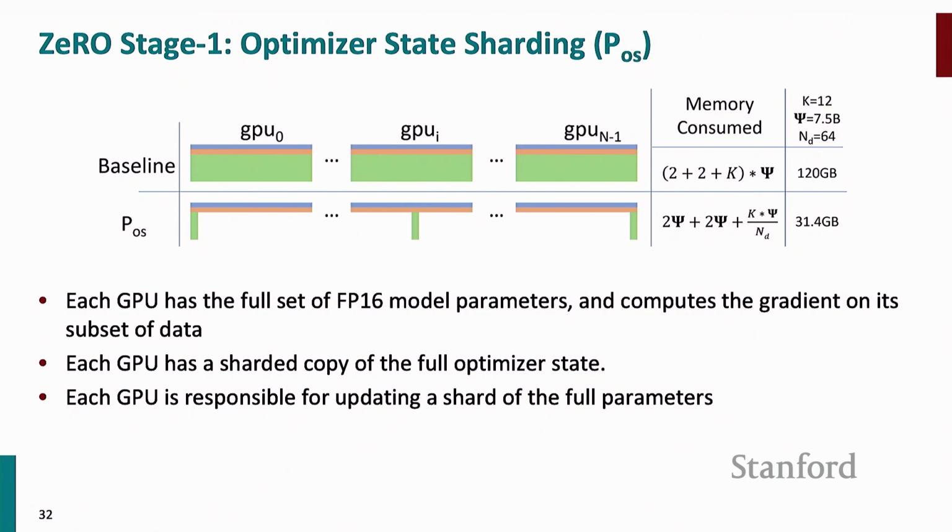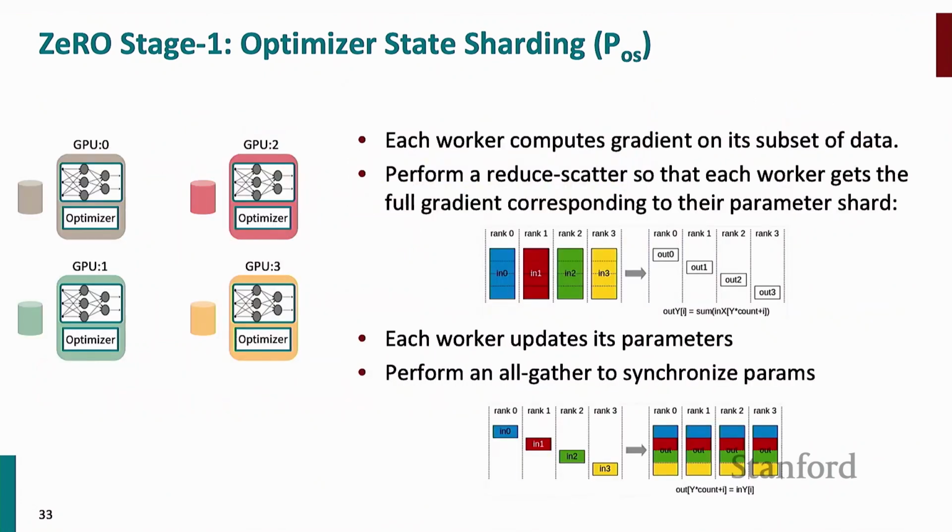Okay, but it only has a sharded copy of the full optimizer state. And the other requirement is that every GPU is responsible for updating the parameters corresponding to its own shard. Okay? So if you go step by step, this is what it looks like. Every GPU has its own data.